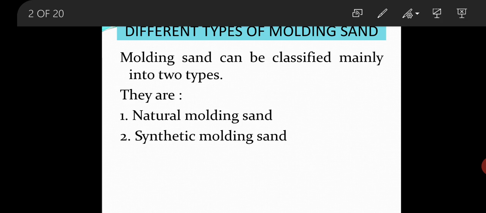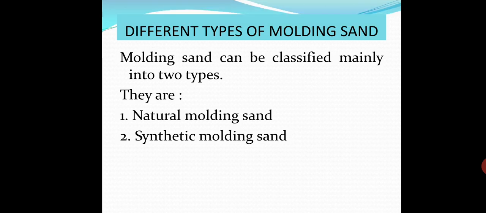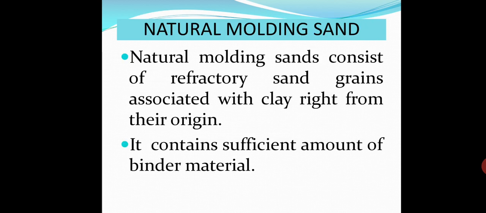Basically, molding sand is classified into two types: number one, natural molding sand, and number two, synthetic molding sand. Natural molding sand consists of refractory sand grains associated with clay right from their origin.